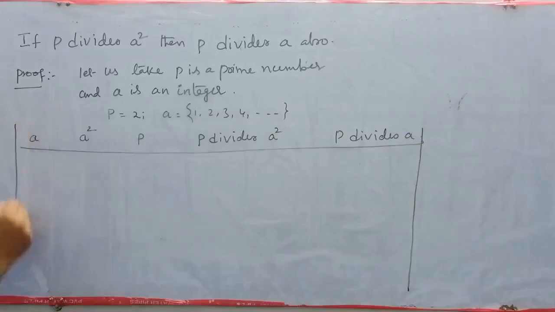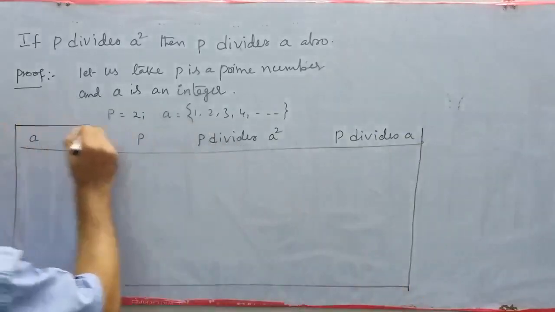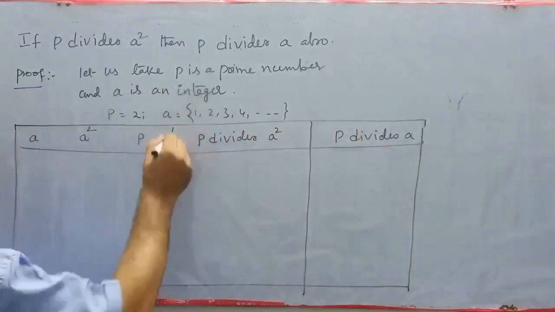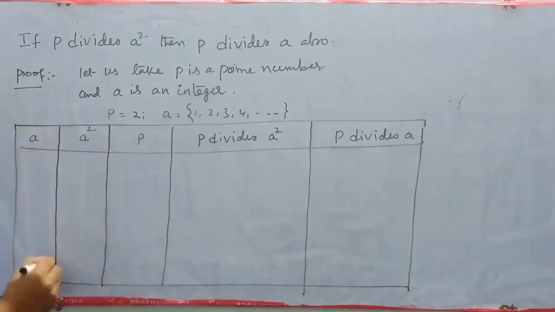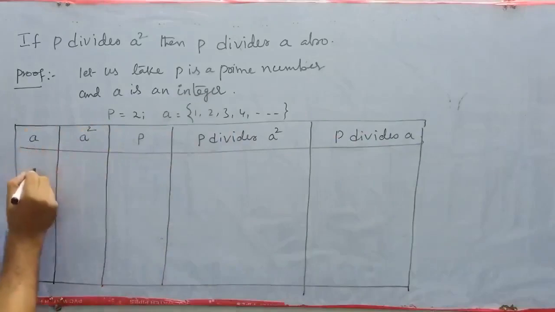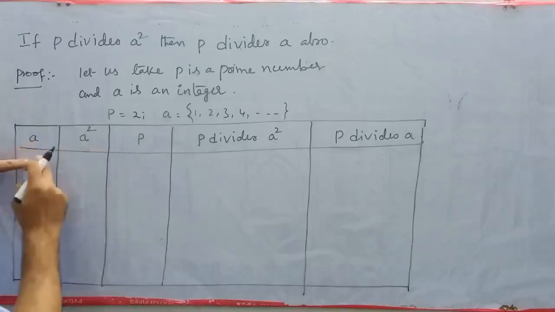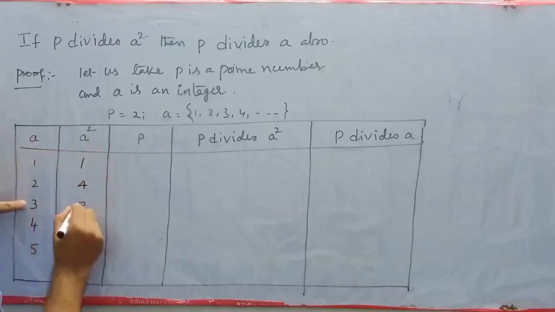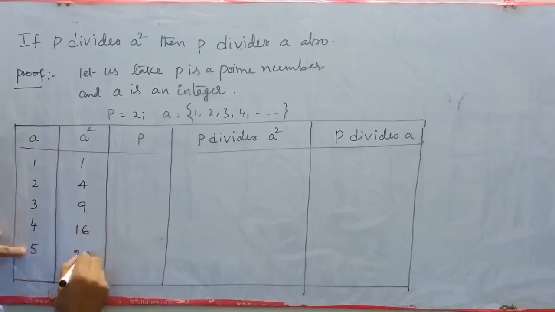Okay, take the table. A is equal to 1, 2, 3, 4, 5. A square is 1 square 1, 2 square 4, 3 square 9, 4 square 16, 5 square 25.